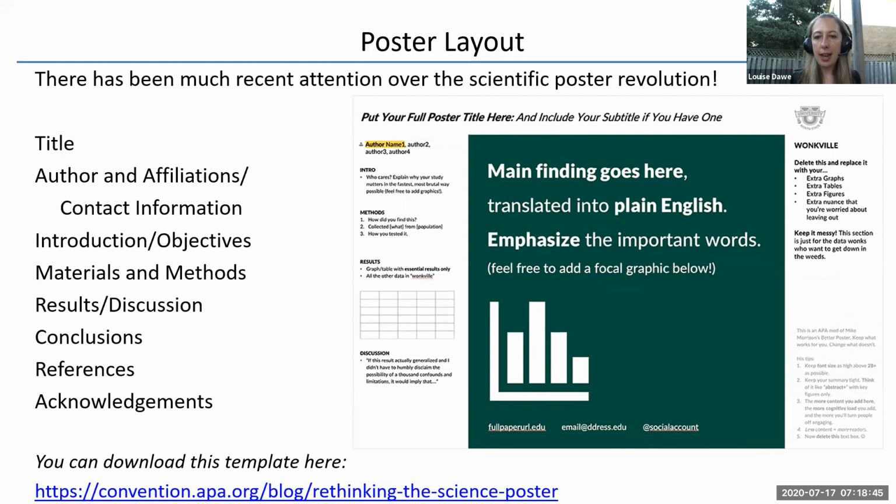So you'll see on this slide again that there is still a place where you would put your title, your affiliations, an introduction, methods, results, but there is a strong emphasis in the middle with a different background, larger font, and fewer but larger results to draw people in so that they understand what is the key thing that you are trying to communicate.